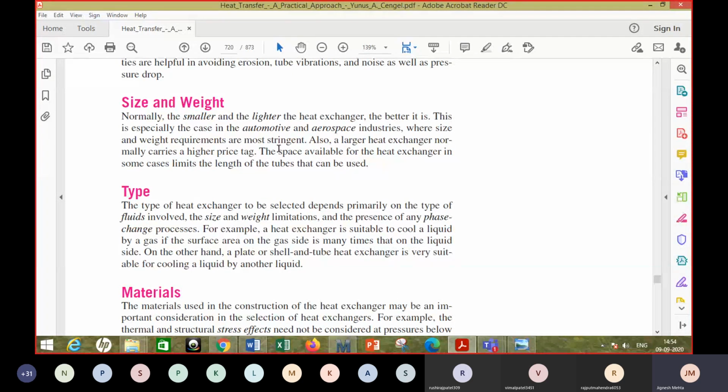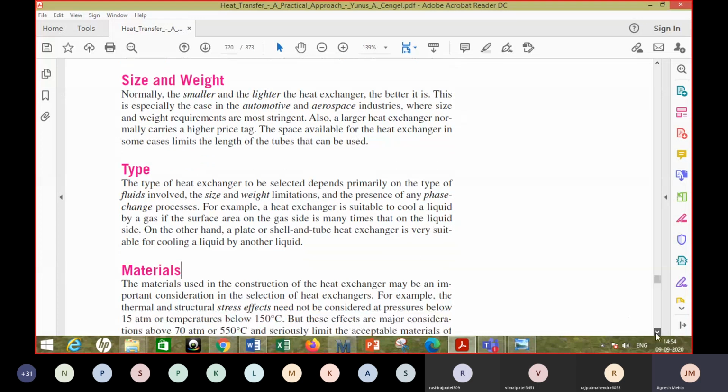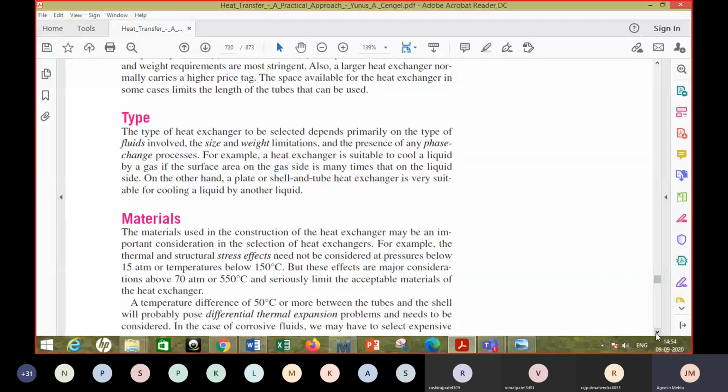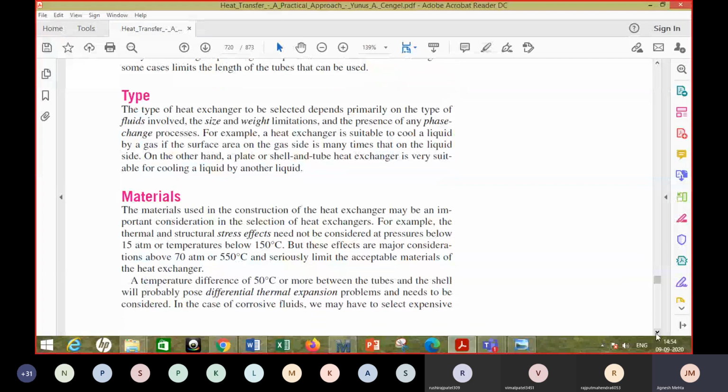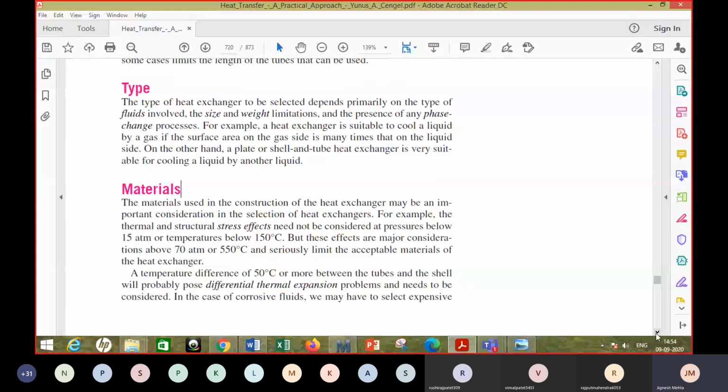So the type of heat exchanger many times depends upon the type of fluids that are involved in the heat exchange process. And then the material also many times depends upon the ambience in which the heat exchanger is going to be put, right? If it is a very corrosive environment, then you have to select the materials accordingly, right?